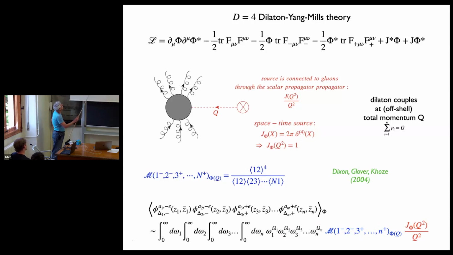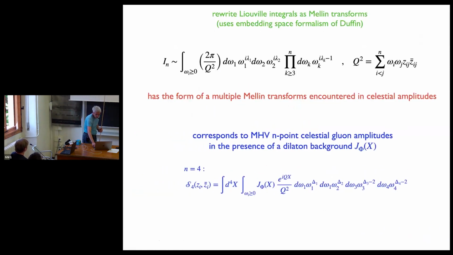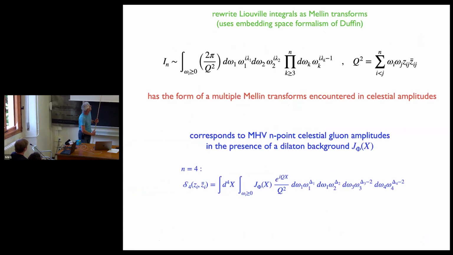So you have this propagator and the source, which in our case the source is one, because that in Fourier space leads to this delta function in four-dimensional space-time. And so the upshot is, if you compute this integral, you get exactly what is here.